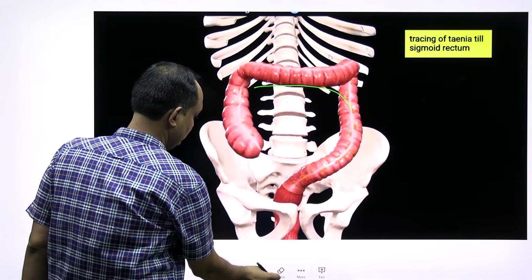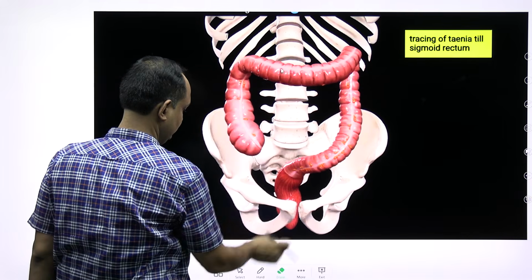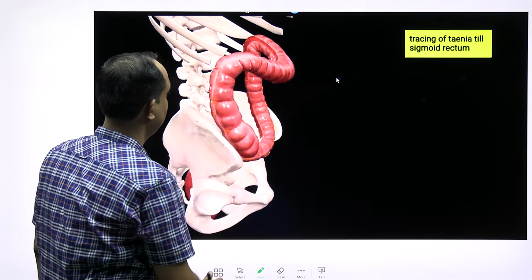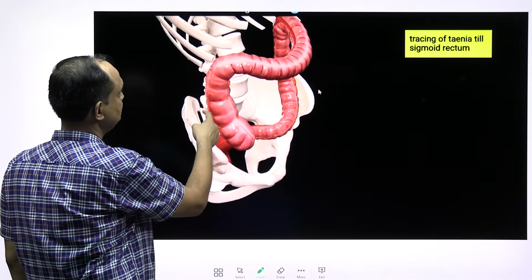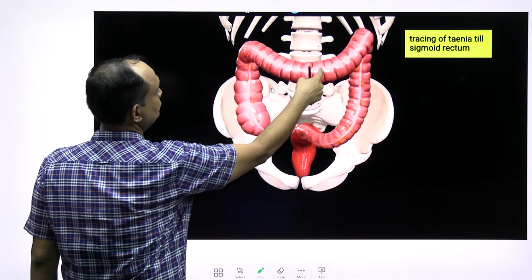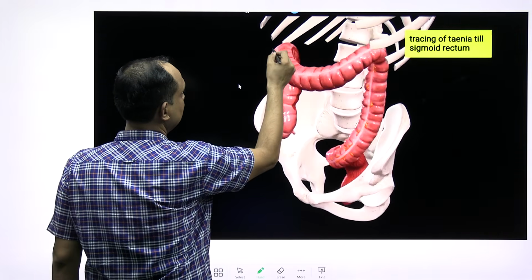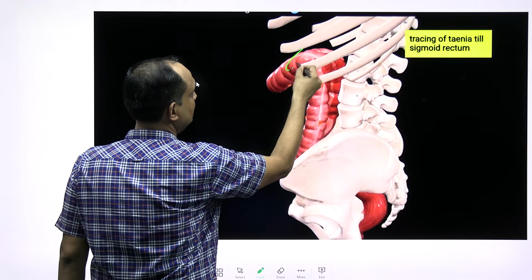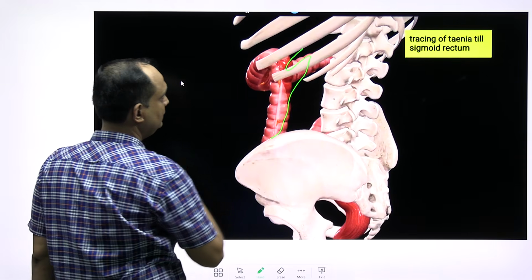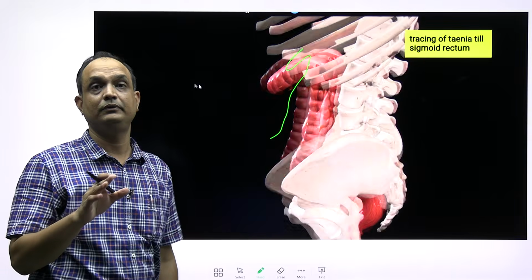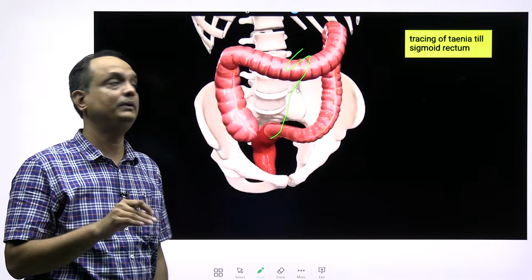Clear? Now if you see the second Taeniae, you will find that this Taeniae is present on the posterior side, which now becomes anterosuperior. Now if you trace this anterosuperior Taeniae, it is going downward, it is your Taeniae which provides attachment to the omentum. So this is Taeniae omentalis.